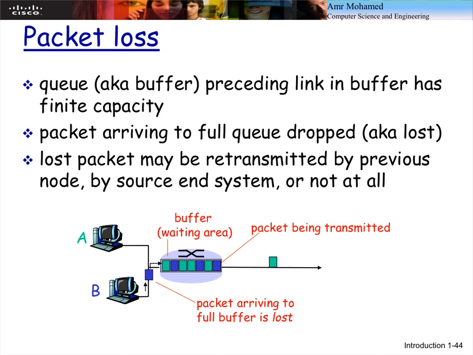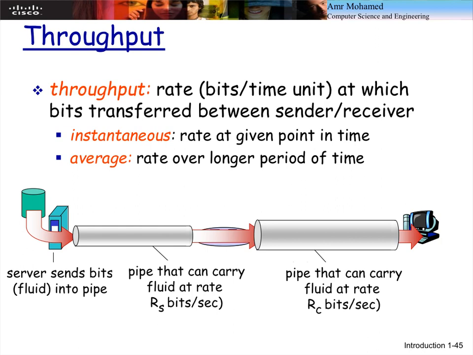It's based on the arrival statistics of the aggregate packets to the queue of the router, and based on that, the wait time inside the queue is what we call the queuing delay.